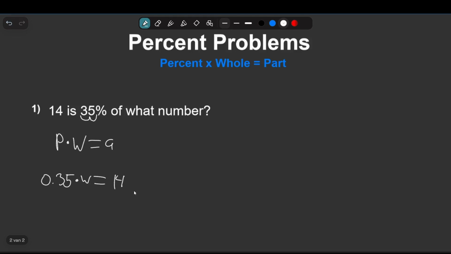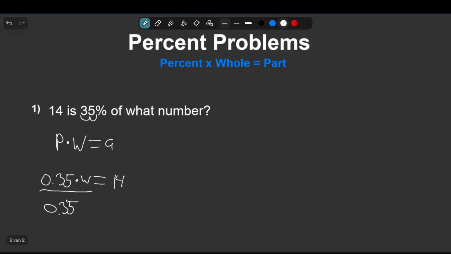And of course, with equations, to find the value of a variable, we want to isolate the variable first. So what we're going to do is change our multiplication to division. So we're going to divide by 0.35.